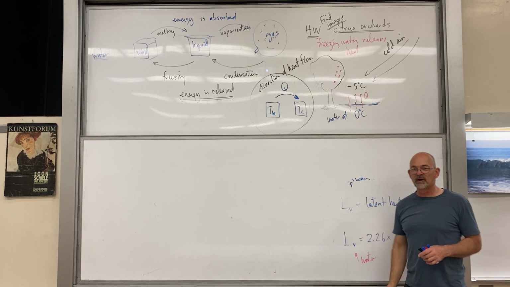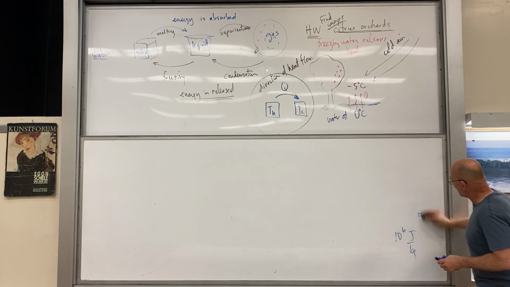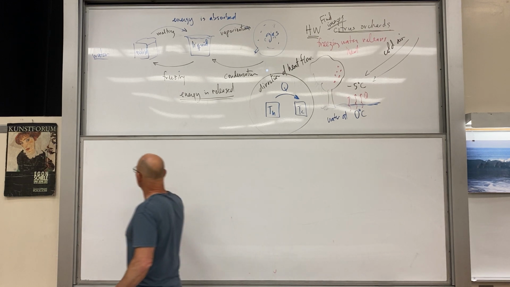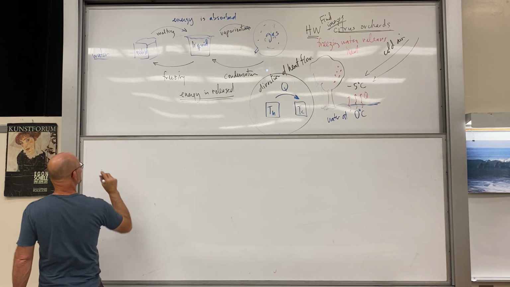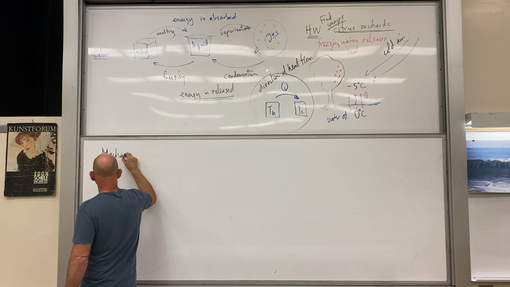Before I do the asteroid, I'm just going to talk about a bullet being fired against, say, some steel plate. So energy, let's call this mechanical energy and thermal energy.